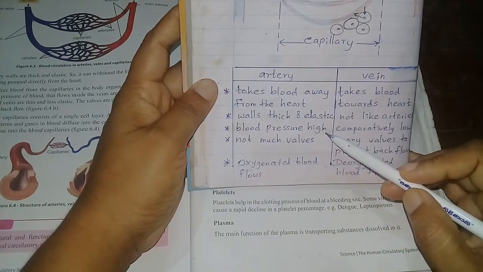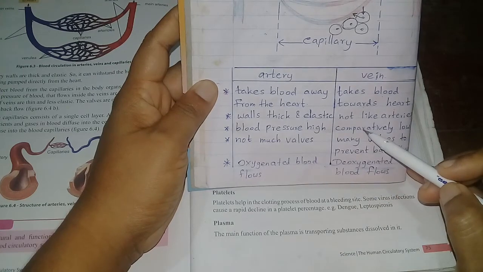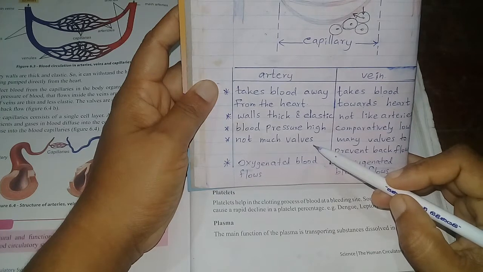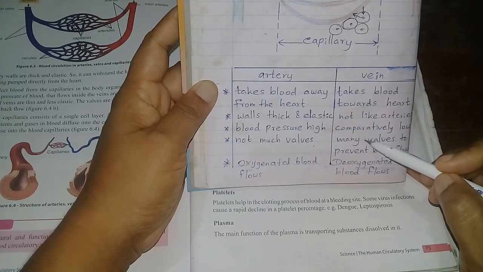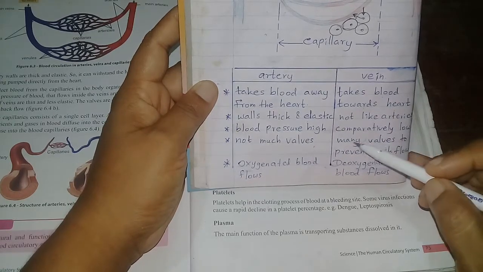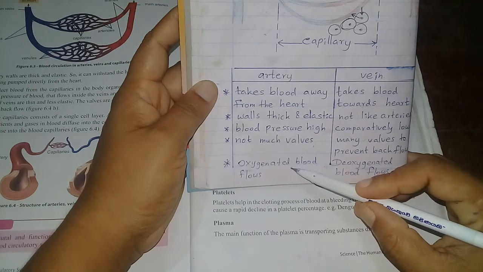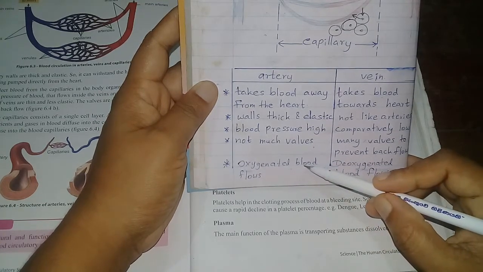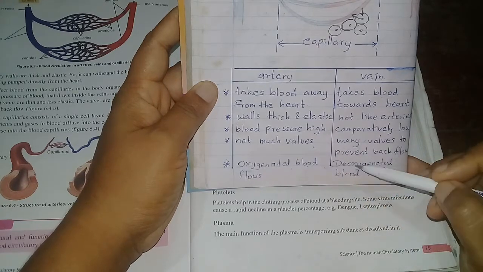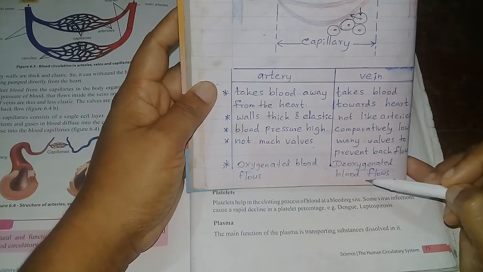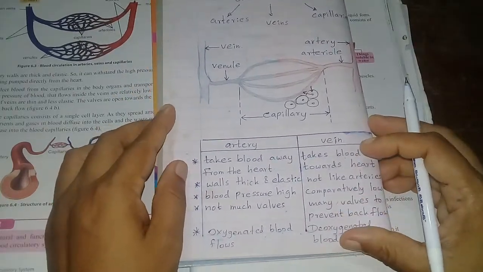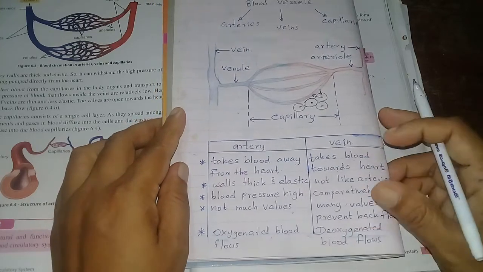Normally blood pressure is high in arteries, and comparatively low in veins. In arteries valves are generally absent, but in veins there are so many valves. And finally, oxygenated blood normally flows in arteries, with some exceptions, okay. In veins deoxygenated blood normally flows, right? So those are the differences. I think you can write them down in your writing books, right?